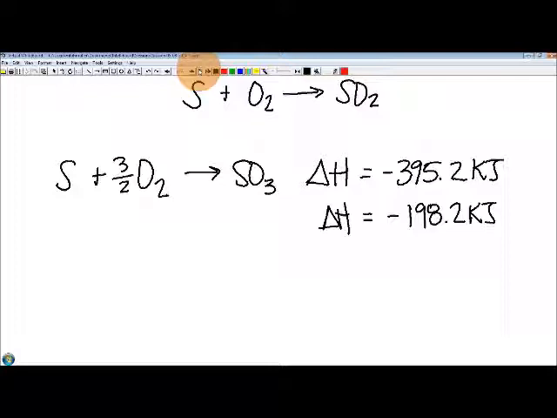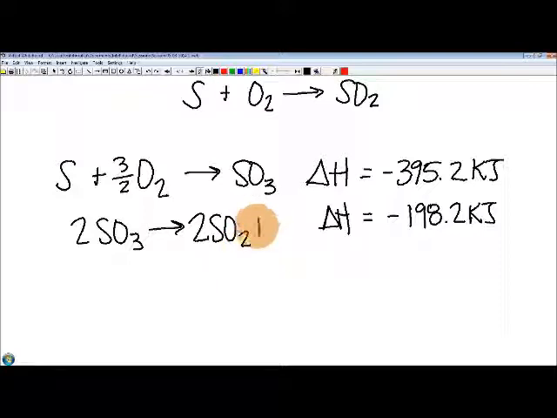So now it's going to be 2SO3 yields 2SO2 plus O2. And when we flip the equation, we flip the sign. So instead of negative 198.2 kilojoules, it's now positive 198.2 kilojoules. Okay, so we got it flipped. Everything's on the correct side.